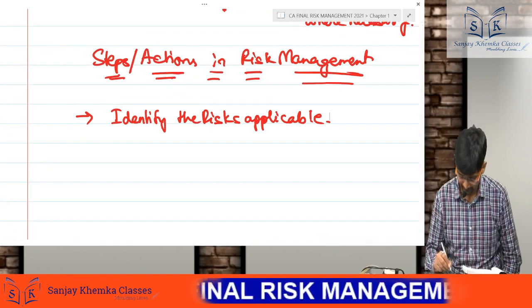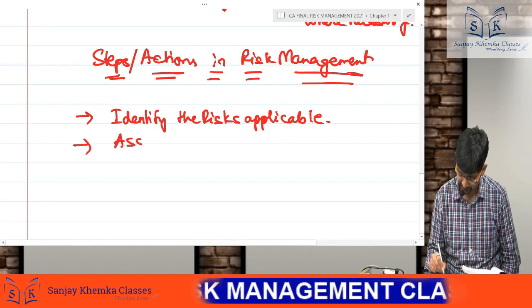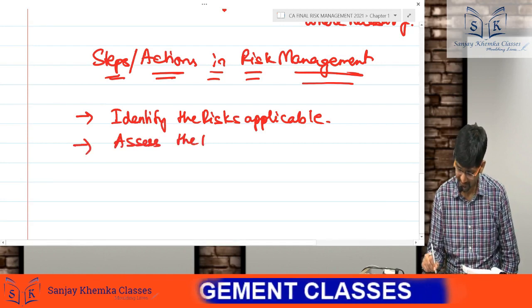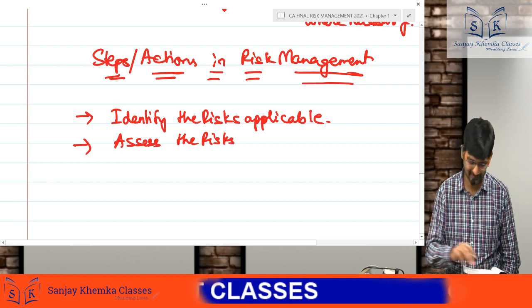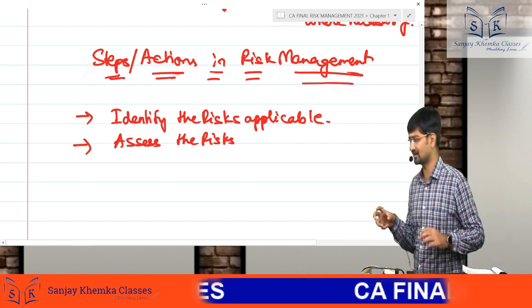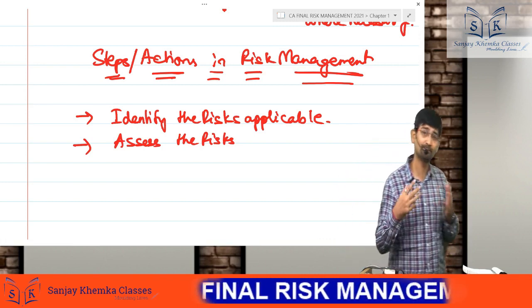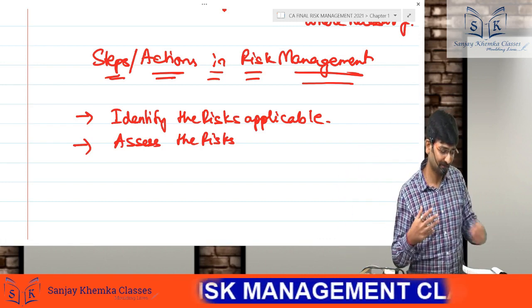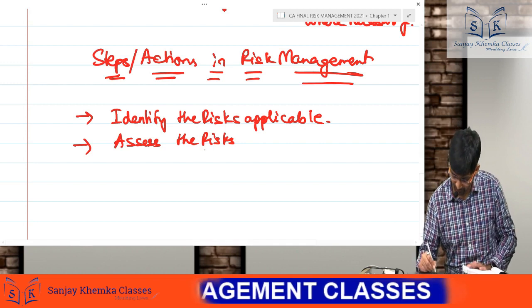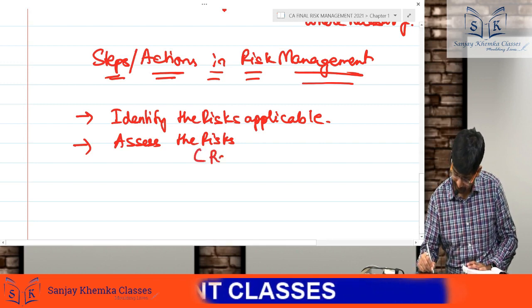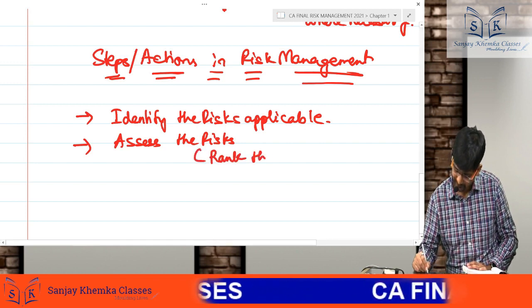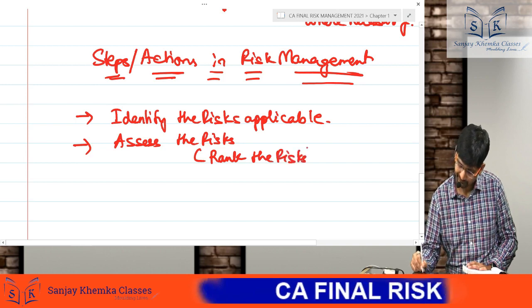So what do we do? We assess the risk. What do you mean by assess, sir? We do an assessment of the risk and understand how important the risks are. In fact, we will go ahead and do something called ranking of the risks.